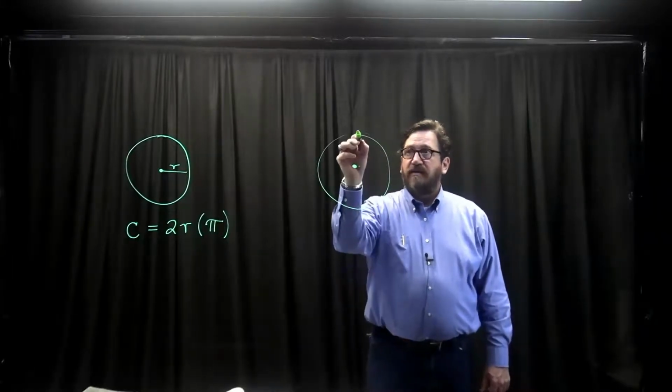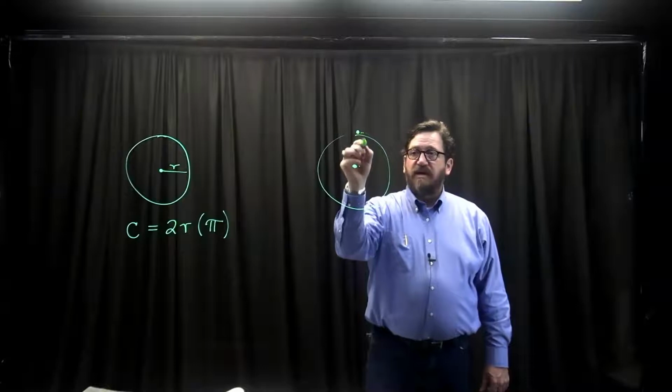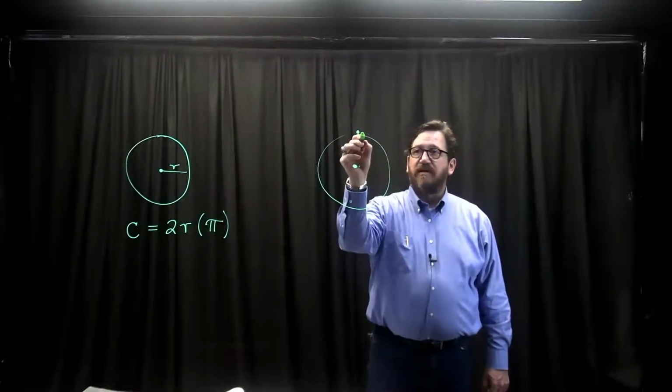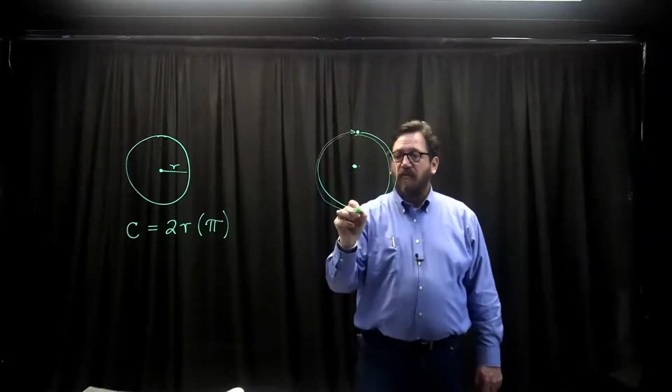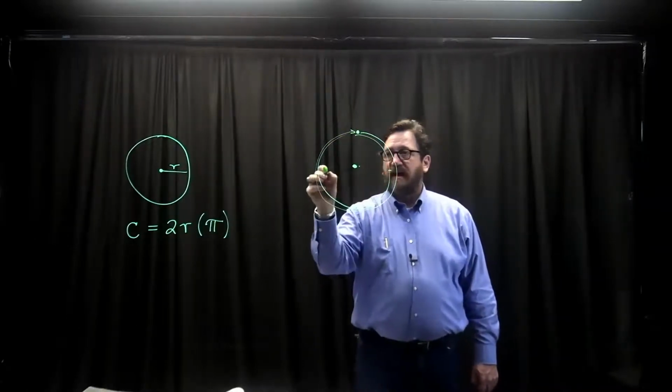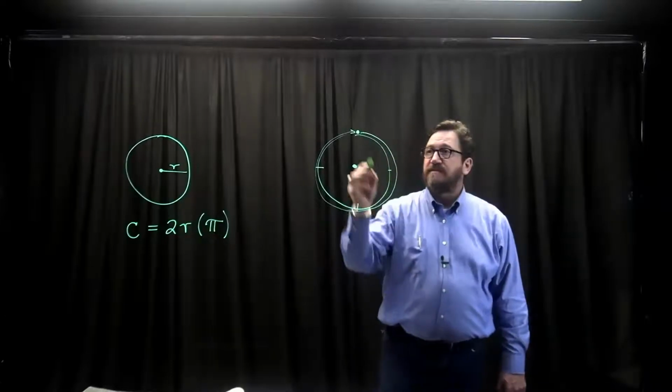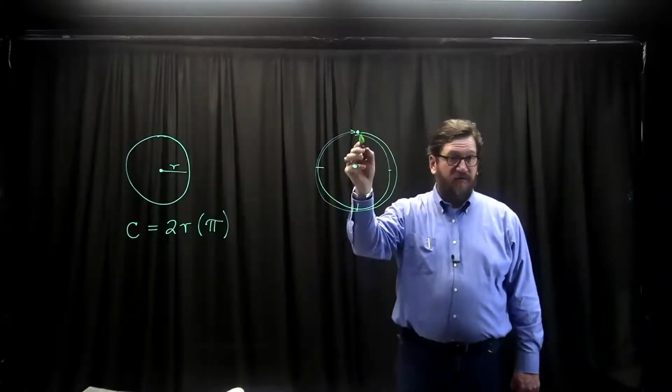And what we will do is we don't talk about the radius of this wheel, but we talk about the distance around the wheel. And we may mark the wheel at 4 locations, 0, 1, 2, 3, or 4.